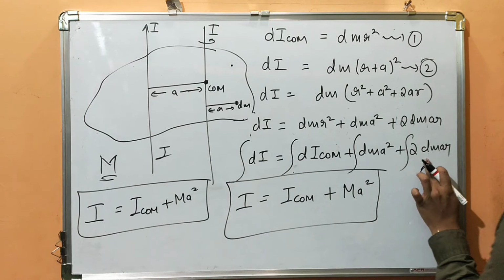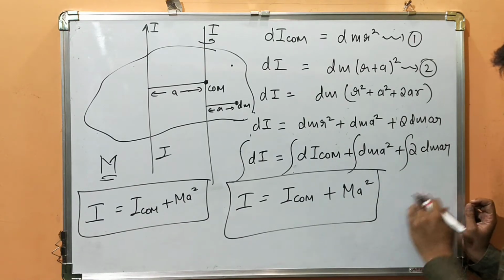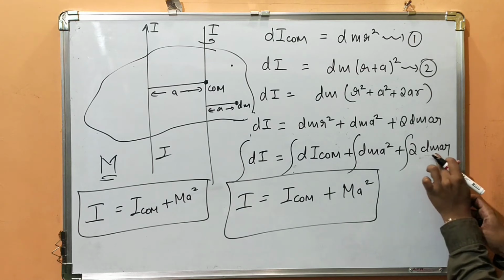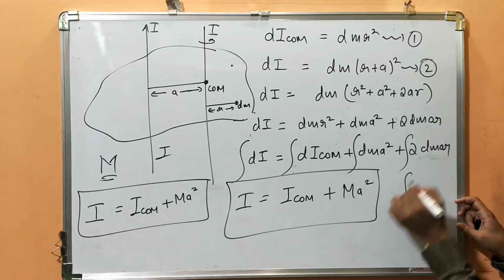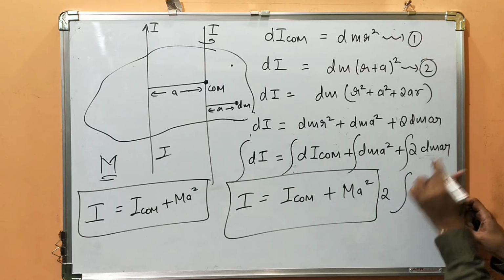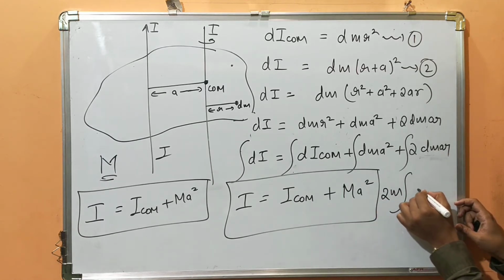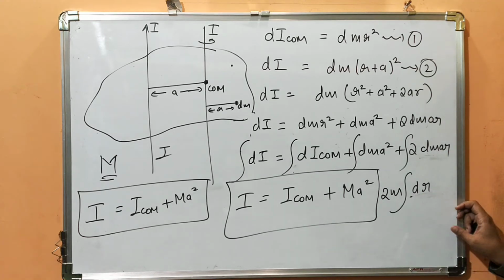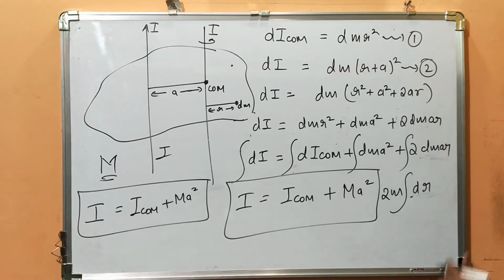Now I'll tell you why it is 0 here, or else you will not understand. Now see here, this is dm ar. So the constant should be taken out of the integration. 2 is constant, m is constant. What is left inside? dr. Only thing left here is dr. Yes or no?